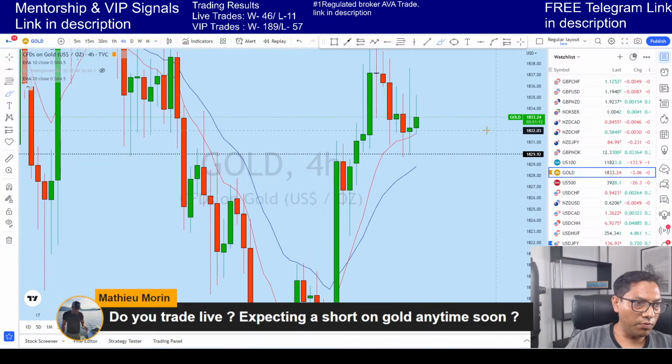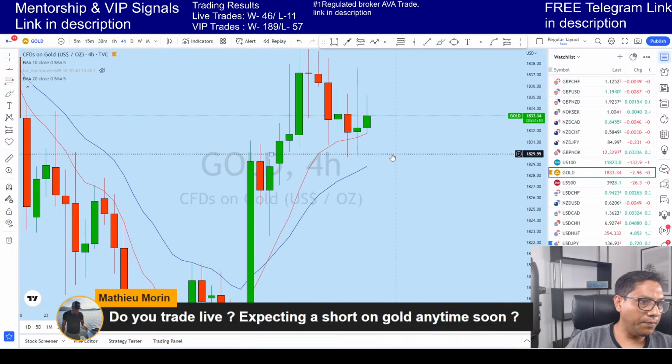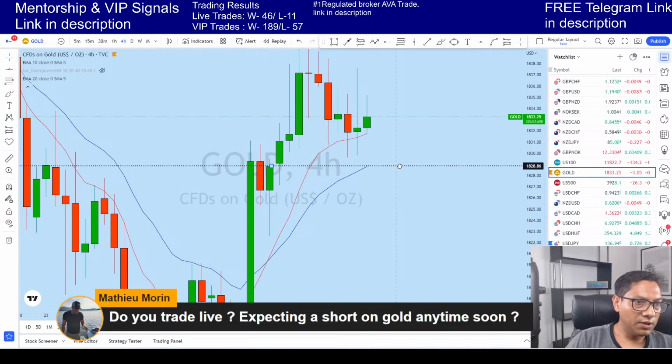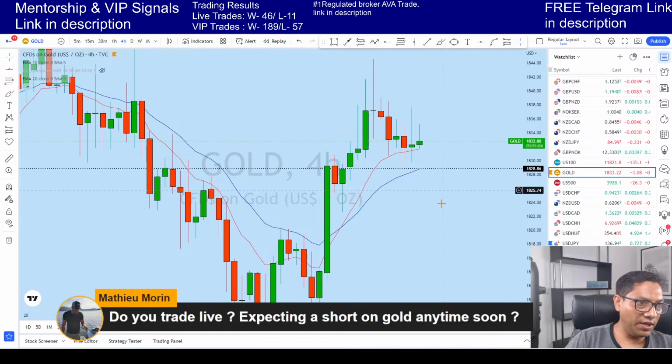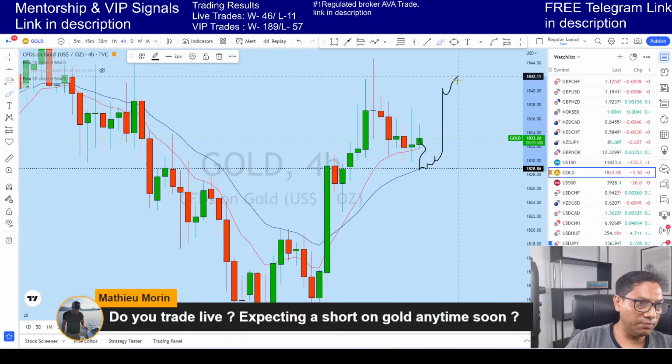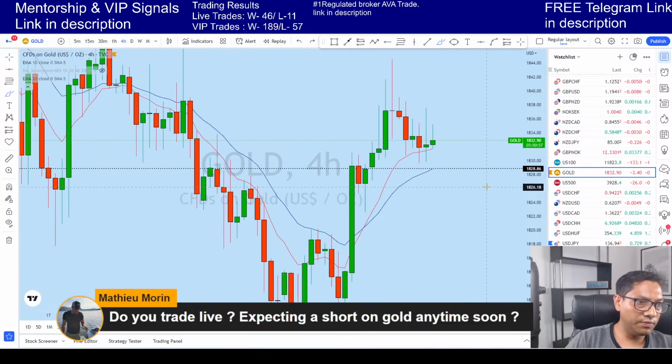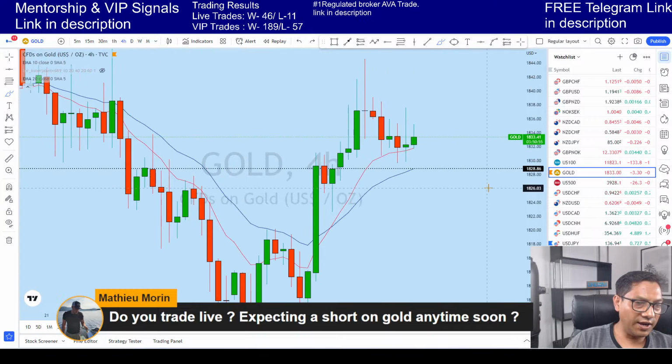Now gold, for me, I will be happy to buy from around the 1828 level. I think that if gold managed to break this level, from this we might see a bullish candle on this one, which is very likely to happen.